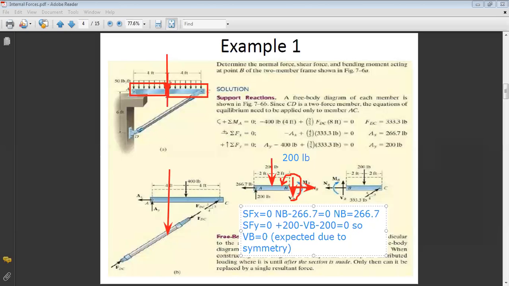Okay, and now my final step will be to find the bending moment MB. To find the bending moment, I do sum of moments. But can you tell me what is the best point to choose moment about?